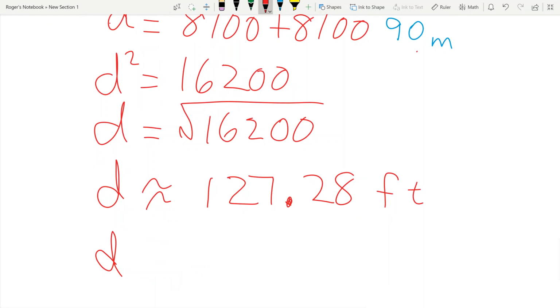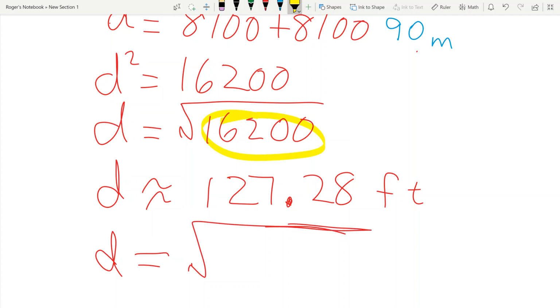D, not d squared, D is equal to the square root of 16,200, right up here, this number. How could we write that? Let's see if we can write it differently. It's going to be equal to 2 times what number? 8,100 from up above.